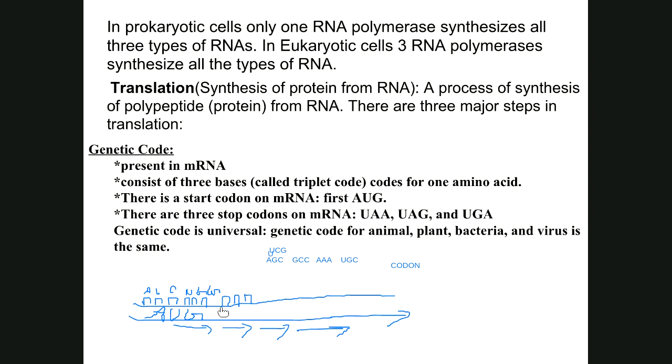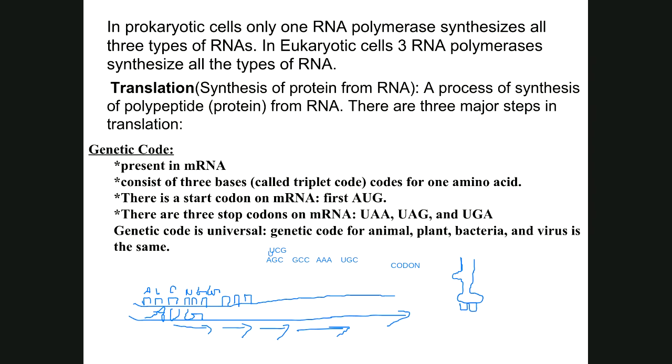So now we are going back and I am showing you who brings this anticodon. The tRNA, remember, I will show you again, the tRNA brings this anticodon.